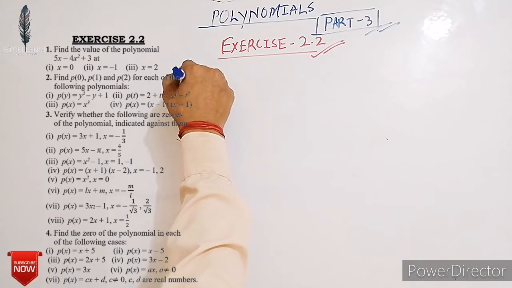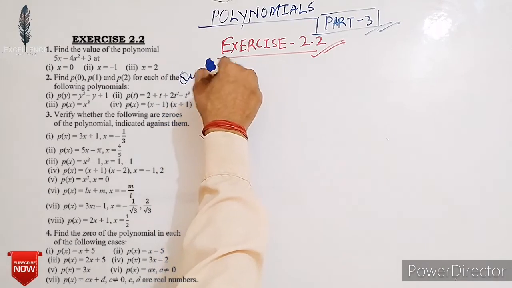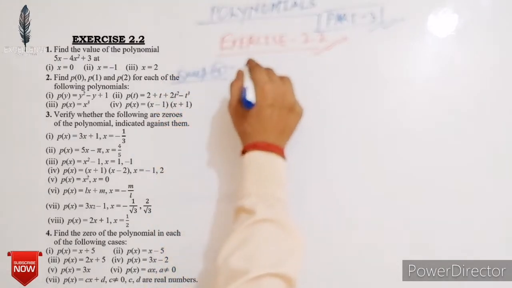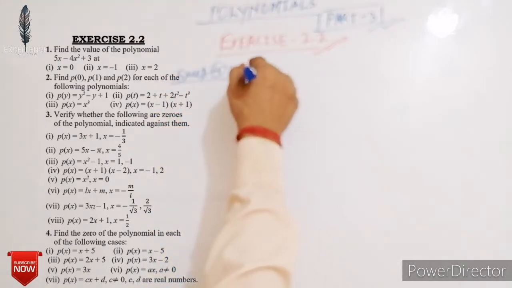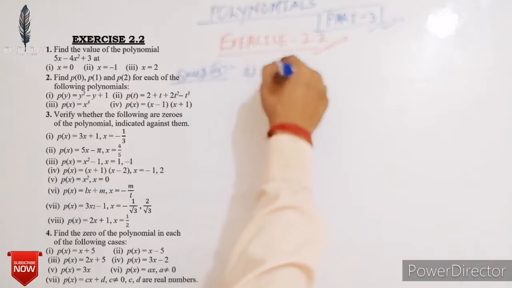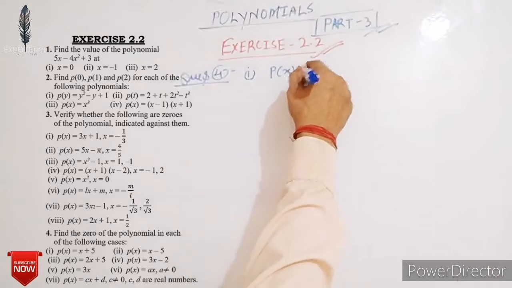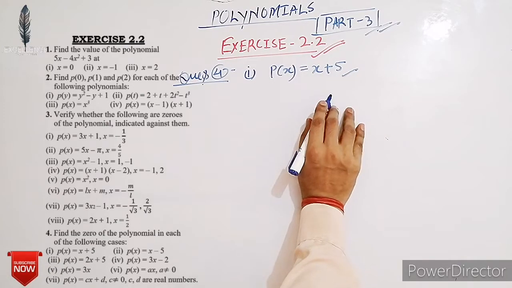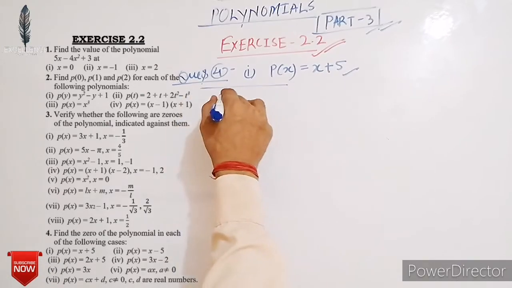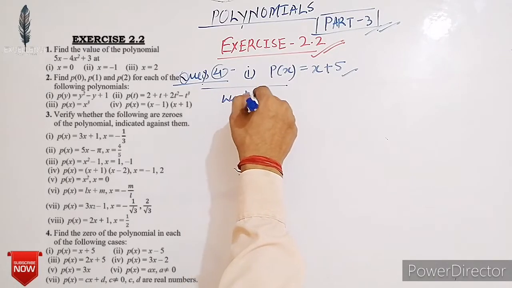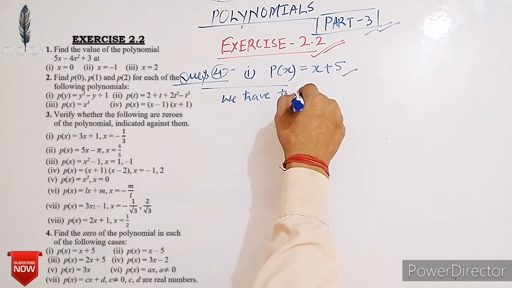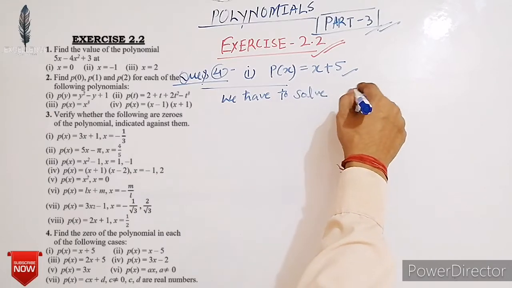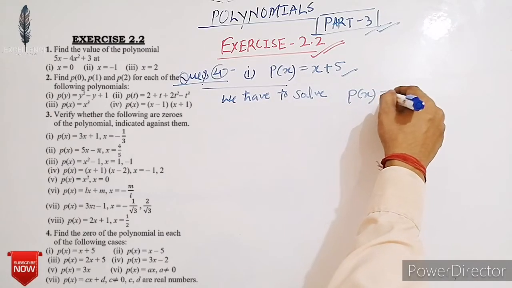So here question number 4. Find the 0 of the polynomial in each of the following cases. Here first is P of x is equals to x plus 5. To find the 0 of given polynomials, put P of x is equals to 0. So here we have to solve P of x is equals to 0.